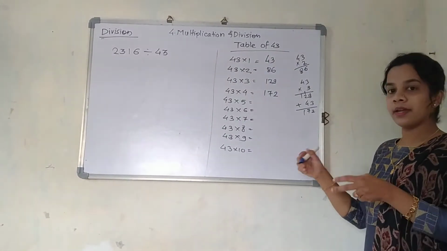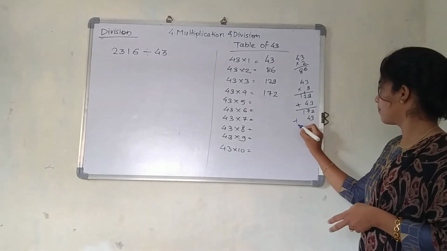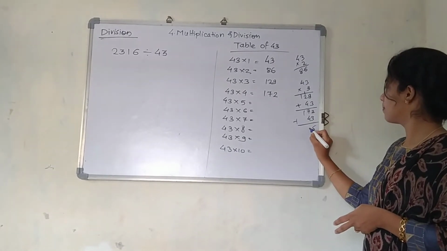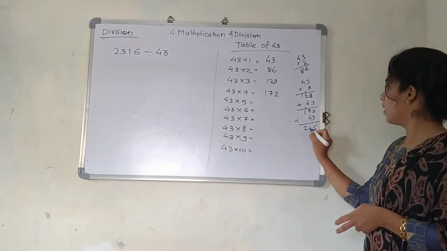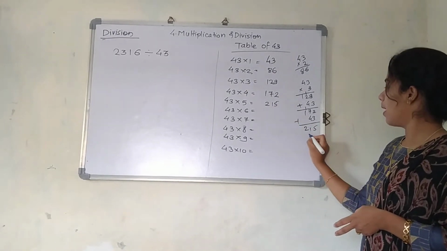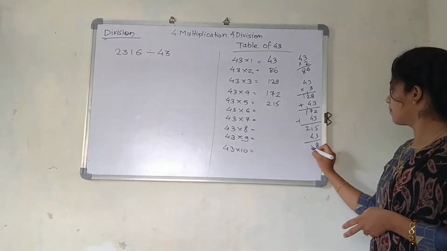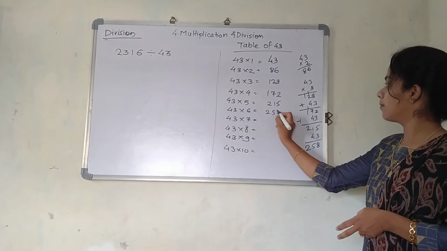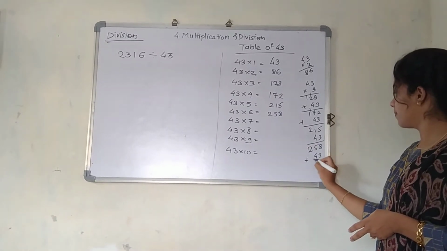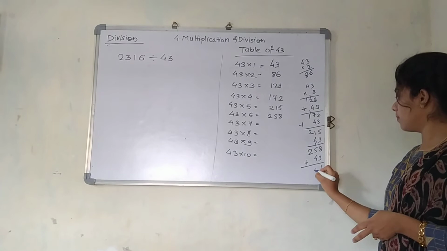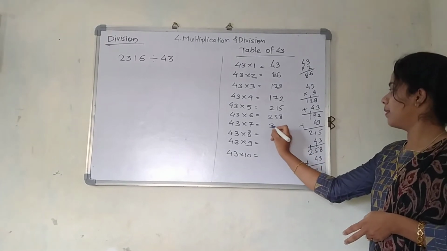Okay, so you can add again 43 to it. It will be 215. Add 43, 258. Add 43, 301.